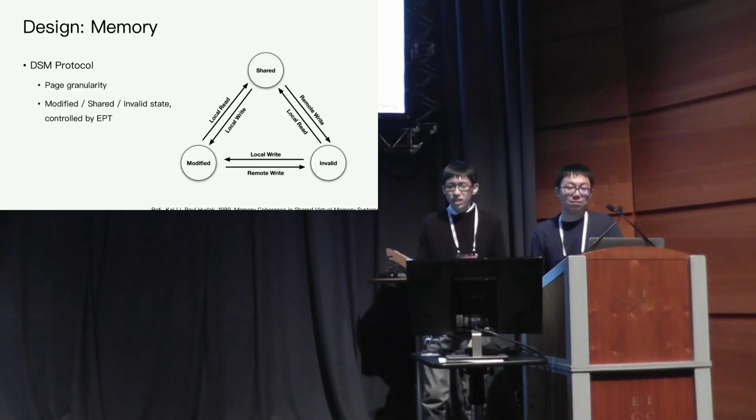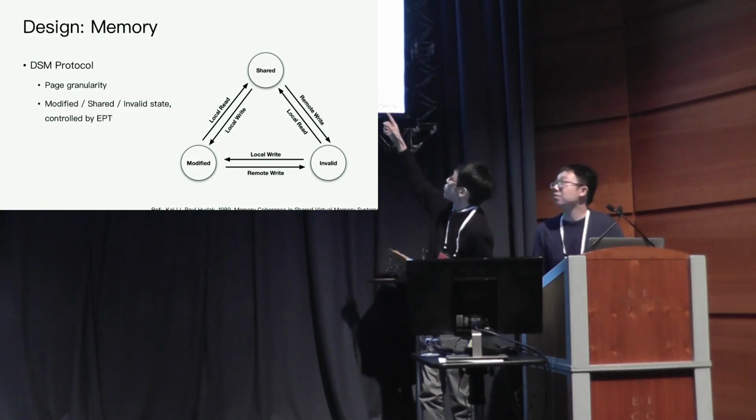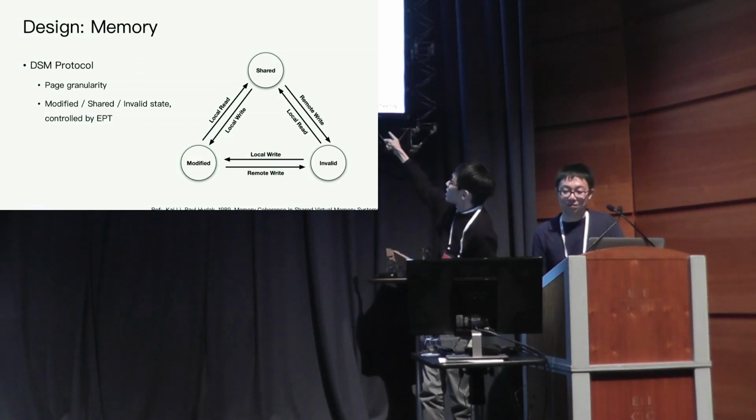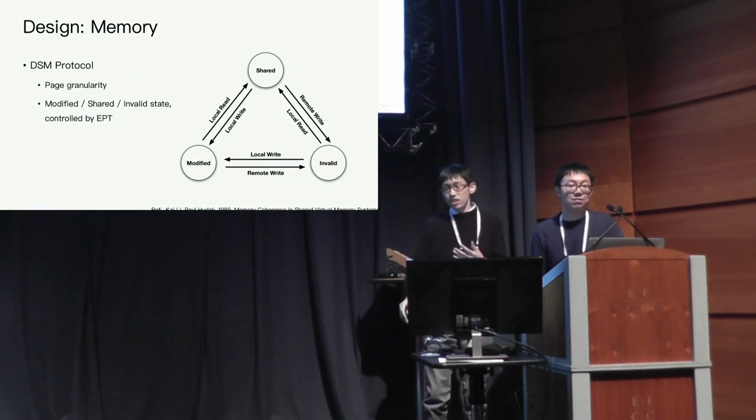So our operation of DSM follows a simple MSI protocol. That is, when a guest tries to write a shared or invalid page, it will first retrieve the latest copy of this page, and then complete the write, invalidate the other copies of this page, and then set the state to modified.